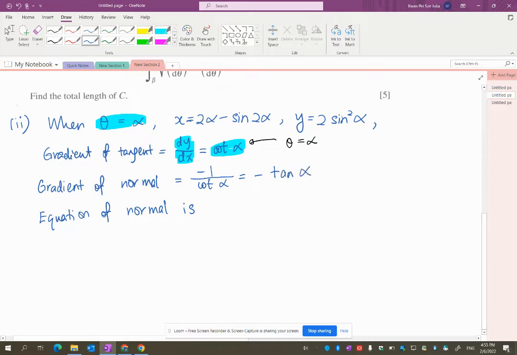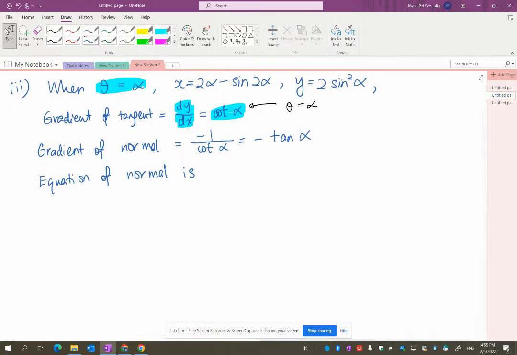So now we're going to find the equation of the normal. We're going to use the formula y minus y1 equals m, where m is the gradient of the normal, times x minus x1. The y1 and x1 will be the point on the curve where the normal is drawn. So the point is given by this point. So this is our y1 and x1.